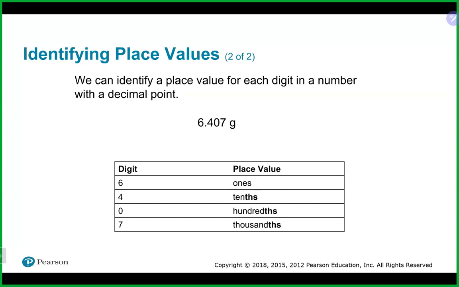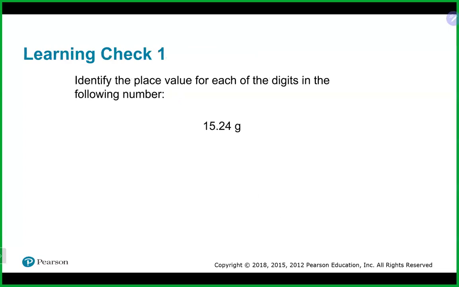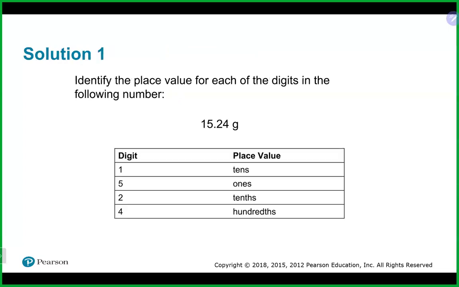So again, you want to make sure that you understand the hundredth place, the tenth place, the thousandths place. All right. So here we'll look at some of these. Here, the tenths place is our 1. Our 5 there is the ones place. Tenths place is our 2, and our 4 there is our hundredth place.